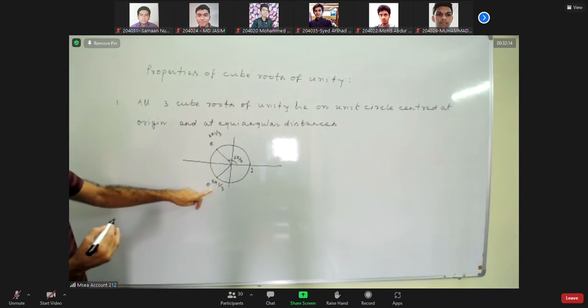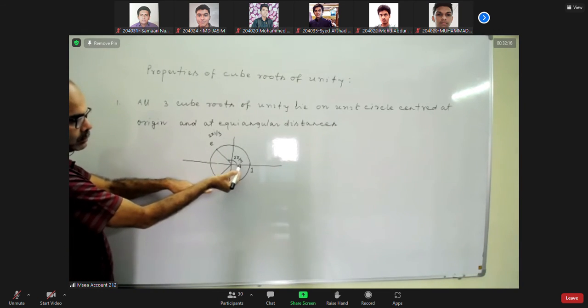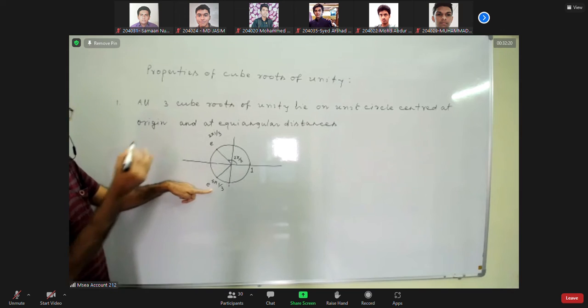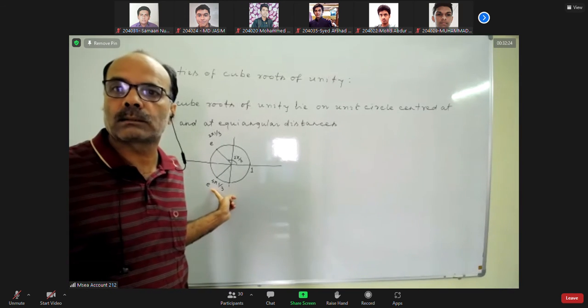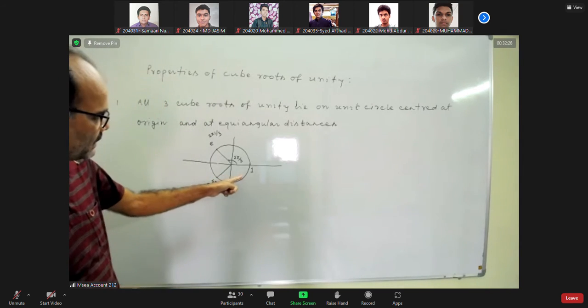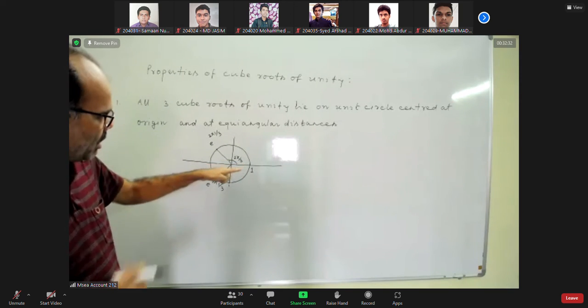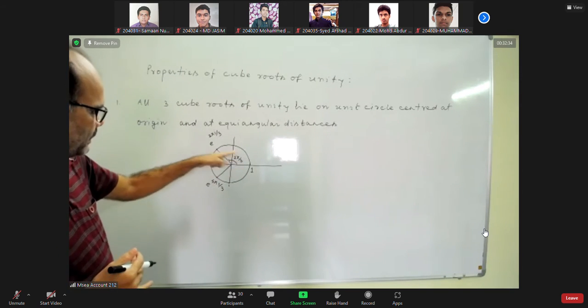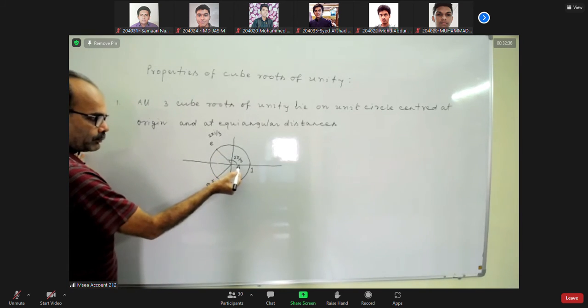And the argument of this complex number is 4 pi by 3, so this whole angle will be 4 pi by 3. Here we don't need to take principal argument; here we are taking simply argument. If any complex number makes an angle, we can take argument this way, no problem. So this is 4 pi by 3.